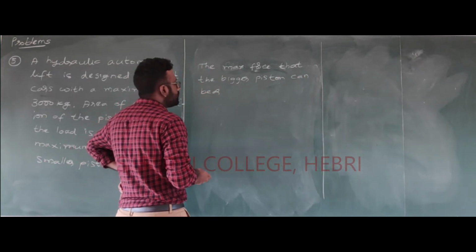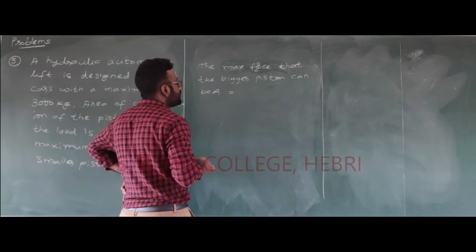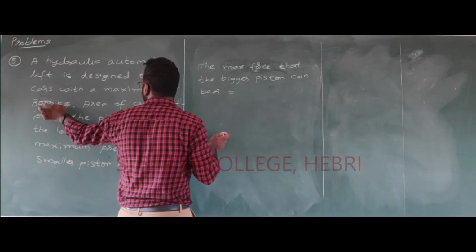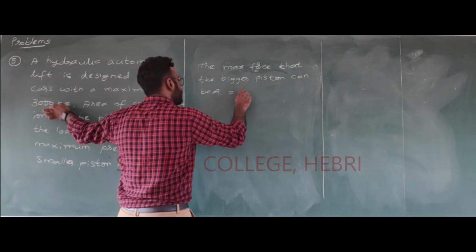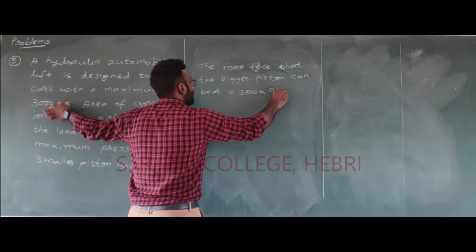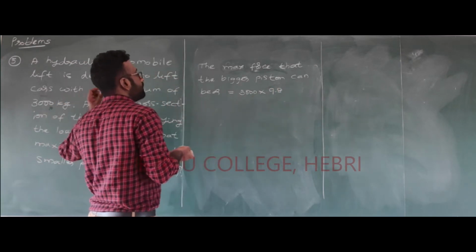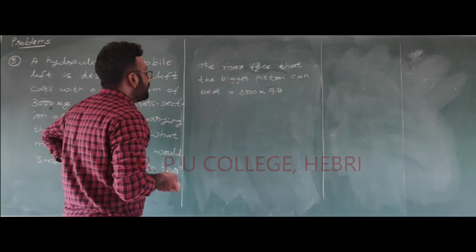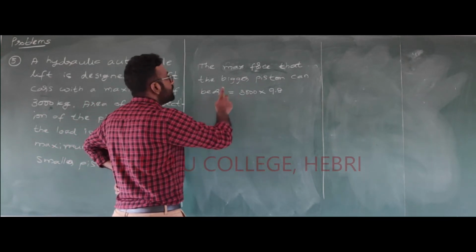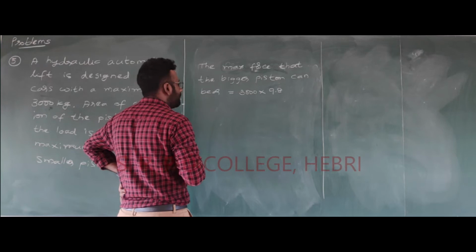So how do we write this? We can write the maximum mass, or the weight, 3000 into the acceleration due to gravity 9.8. So this will be the maximum force that the bigger piston can bear.